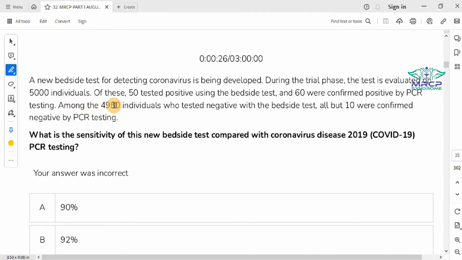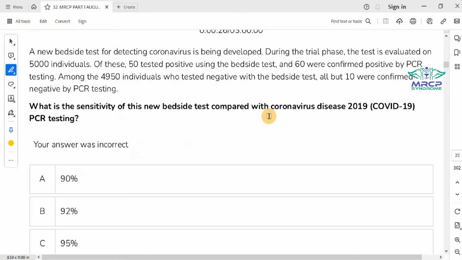No. This is the true positive, and this is the total confirmed positive by the PCR. Total confirmed minus true positive means 10 is the false negative. So 50 divided by 50 plus 10 is equal to 83%.